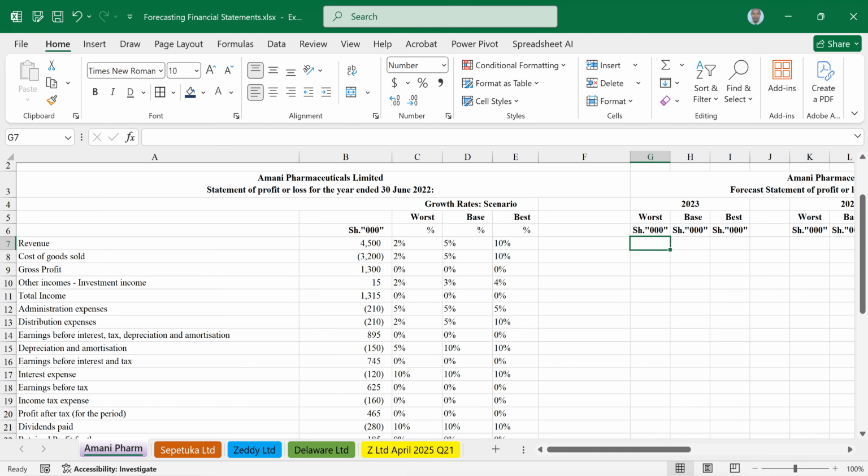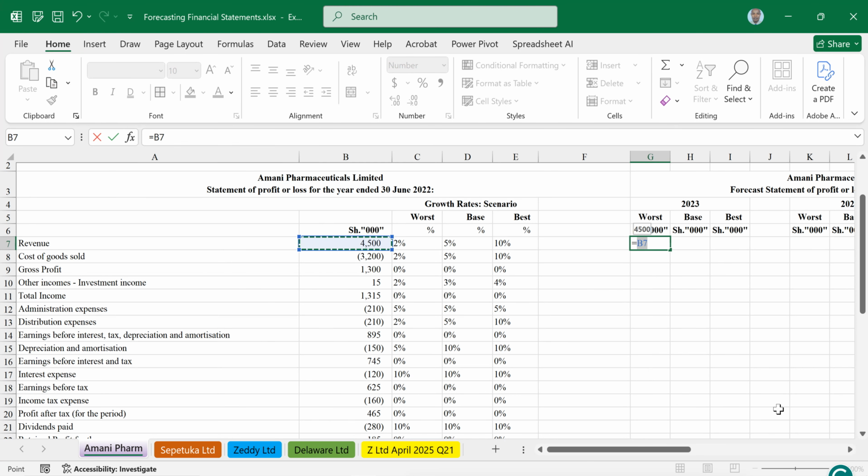So the correct formula here will be equal sign. Click on the 4,500, then lock it because it's a constant one, times, open bracket, 1 plus, then click on the 2%.